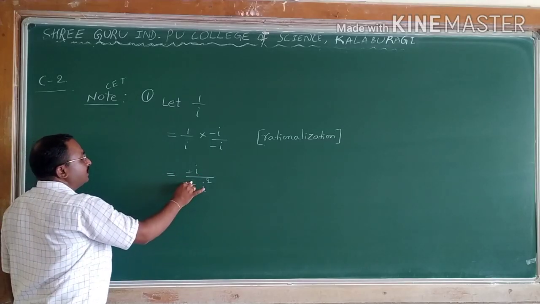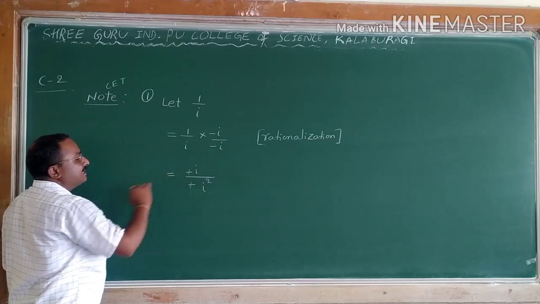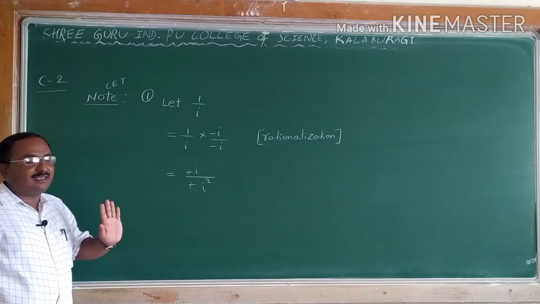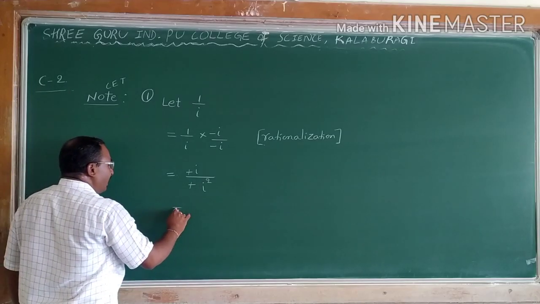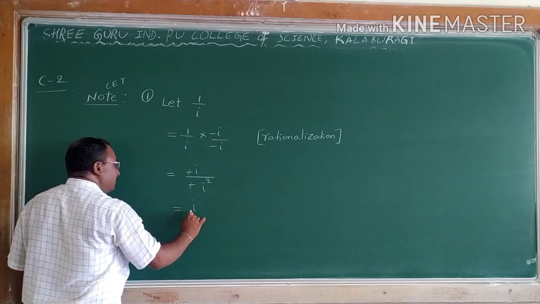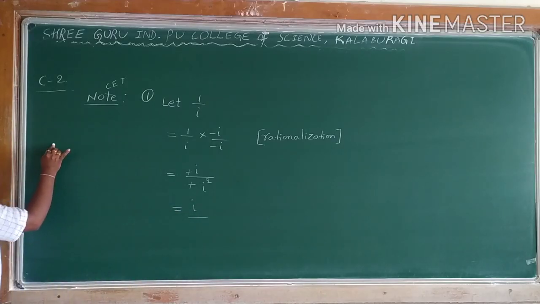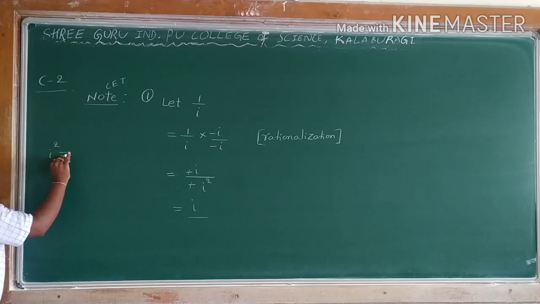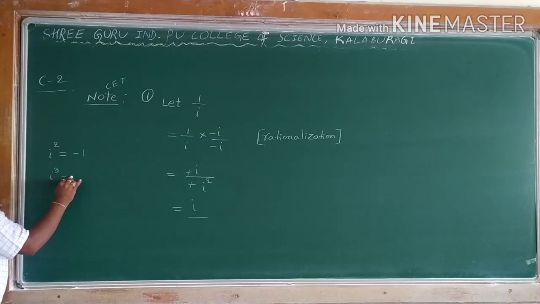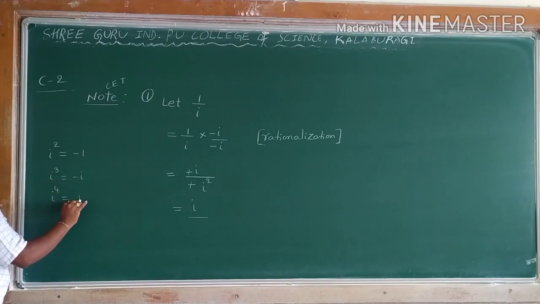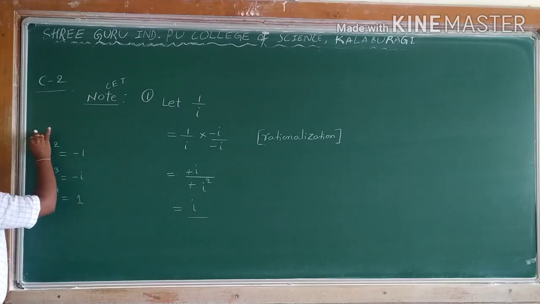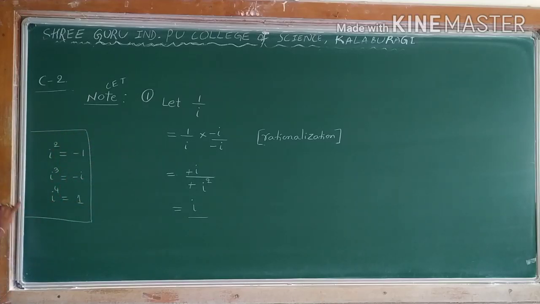Next minus gets cancelled. Numerator i as it is, denominator i square. Do you know that previous class i square value minus 1, i cube value minus i, i power 4, 1. These three values are very important, keep in your mind.